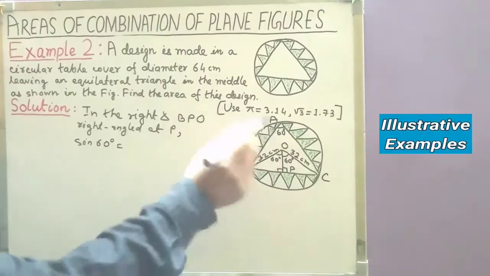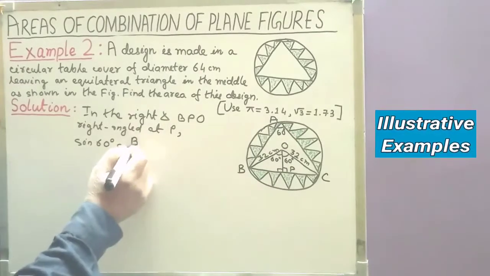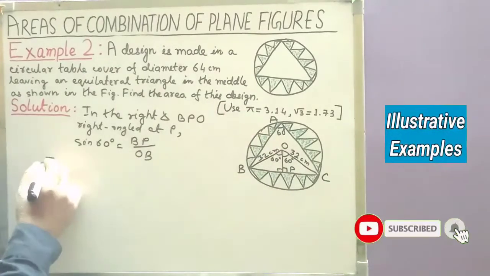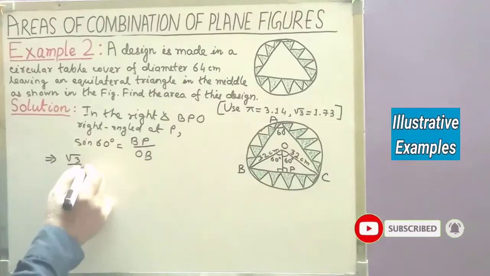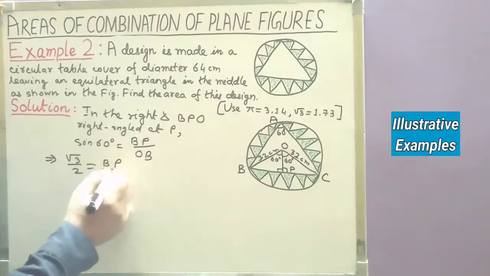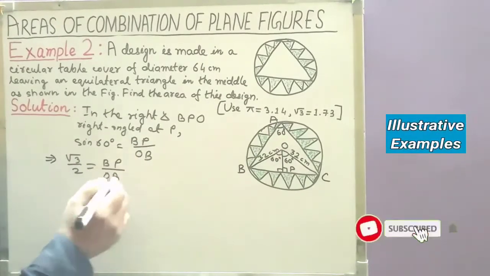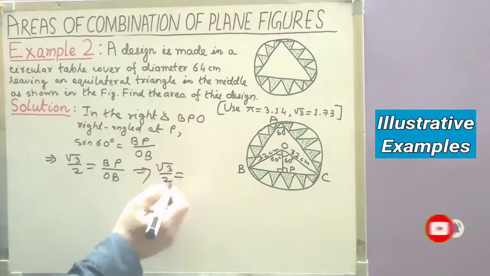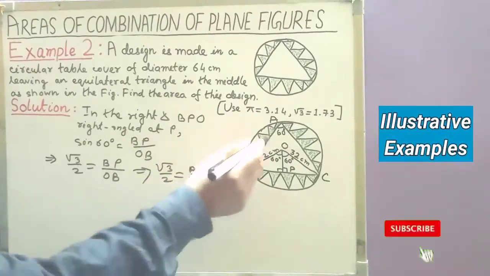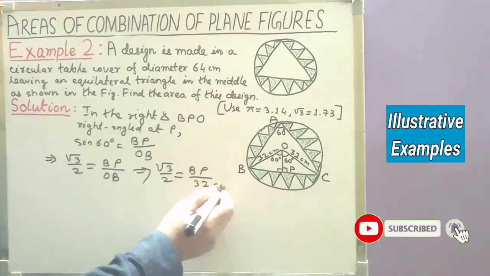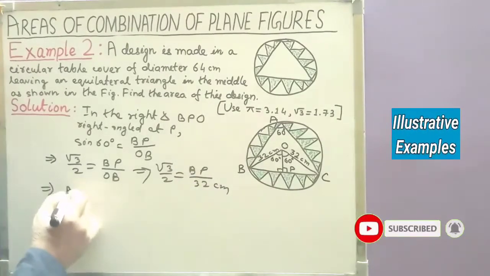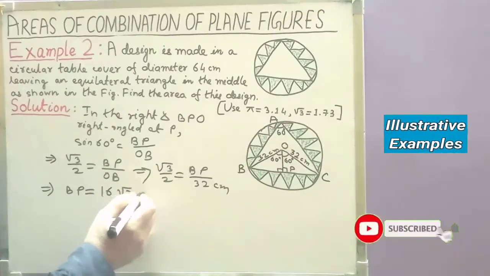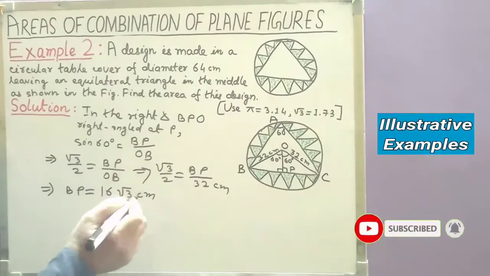sin 60 degree equals BP upon OB. That implies root 3 by 2, because we know that sin 60 degree equals root 3 by 2, equals BP upon OB. That implies root 3 by 2 equals BP by 32 centimeter. That implies BP equals 16 root 3 centimeter.